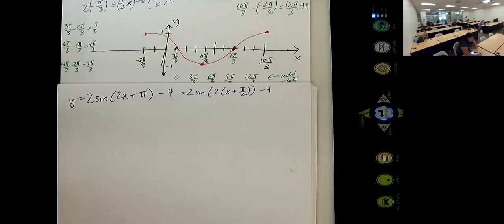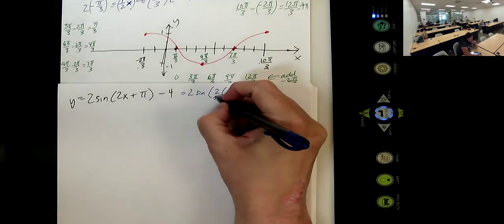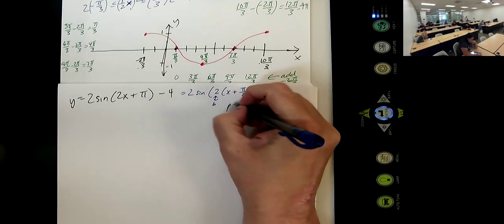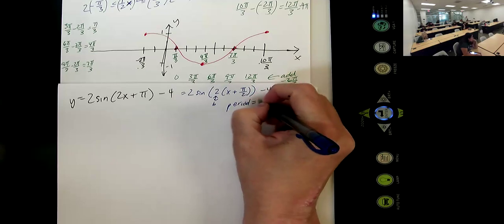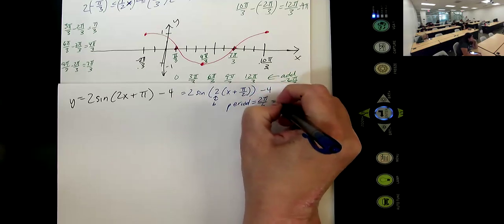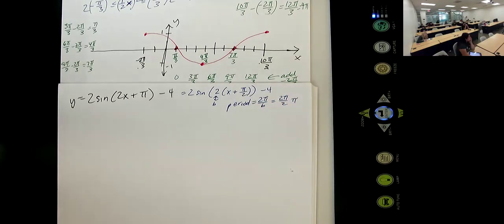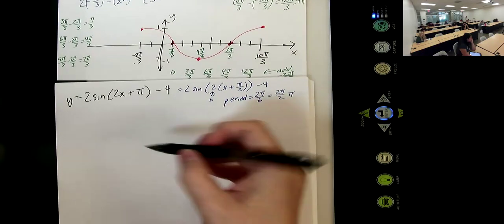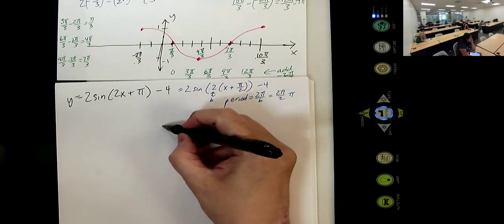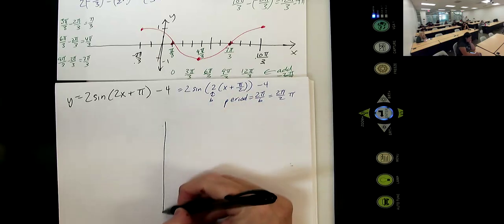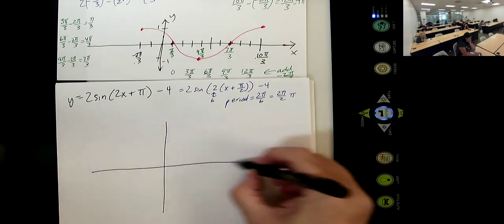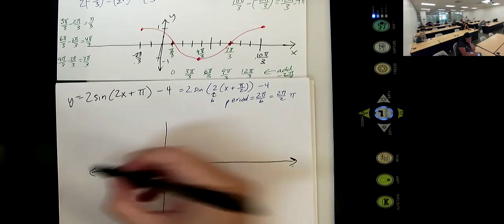So my period, this is my b. My period is 2 pi over b, which is 2 pi over 2, which is pi. I got more going on in this graph, so I'm gonna add a lot of vertical height to it.